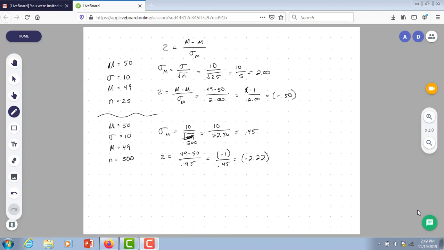Now I did all of that to show you that when the variation within a sample's characteristics changes, there's a greater likelihood to reject the null hypothesis even if your difference is very small. We know that our difference is very small because when we take 50 from 49, we end up with a negative 1 in both instances.